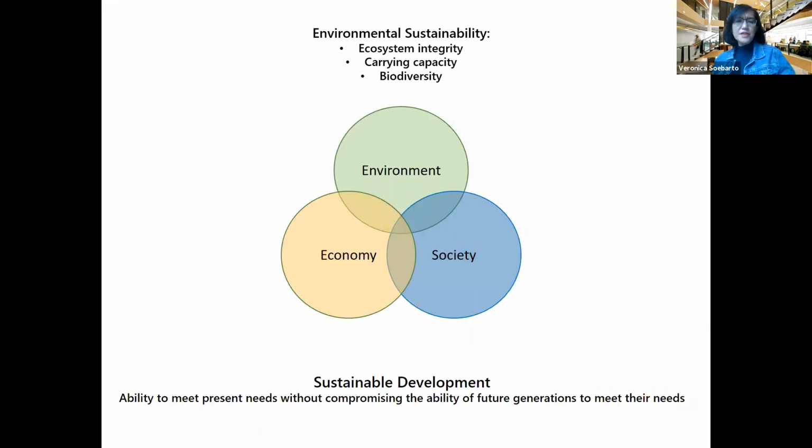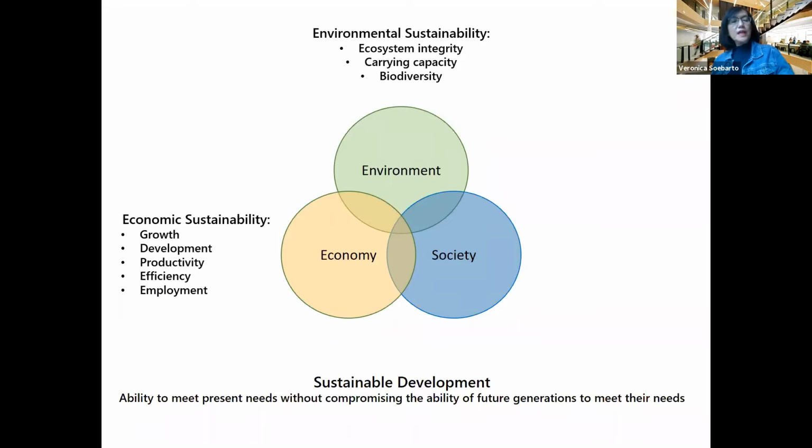The second dimension of sustainability is the economic side. Economic sustainability is ensuring that we continue to have growth, that countries continue to grow and develop, have productivity, maintain efficiency, and continue to allow employment.